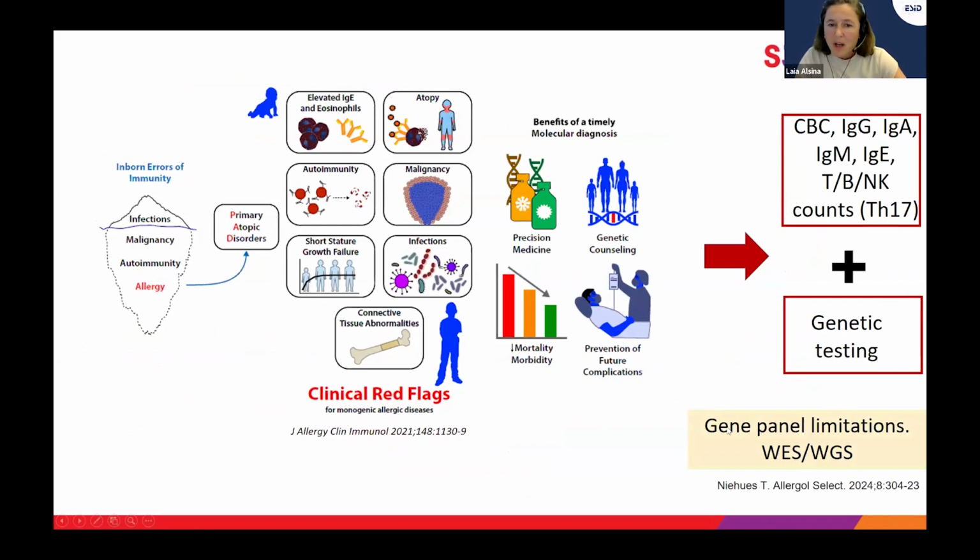Currently, because of the new and increasing description of new diseases, probably the gene panel will show limitations because it will not be up to date, and because we also include some disorders such as DOCK8 that might have their specificities. So whole exome sequencing might be a better approach, and whole genome is also recommended, but of course we don't have this in clinical practice.